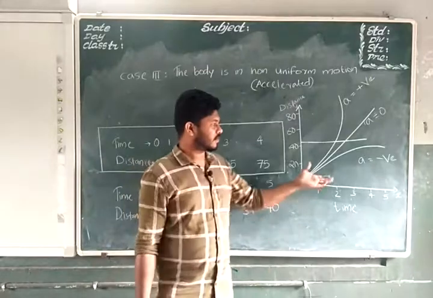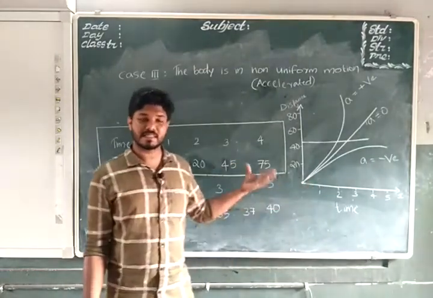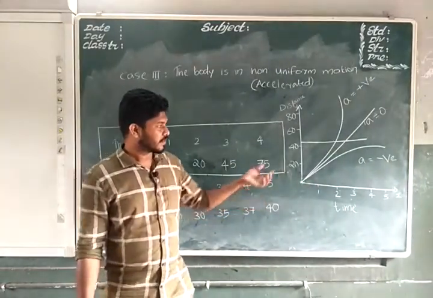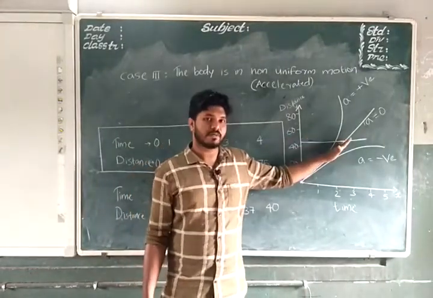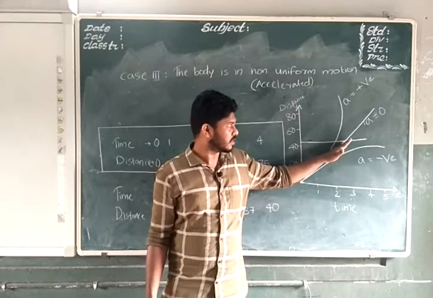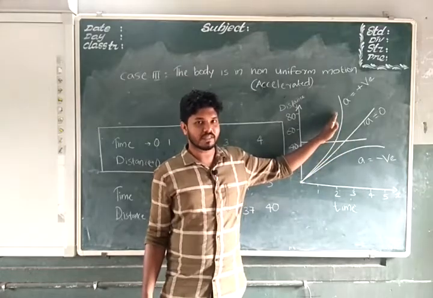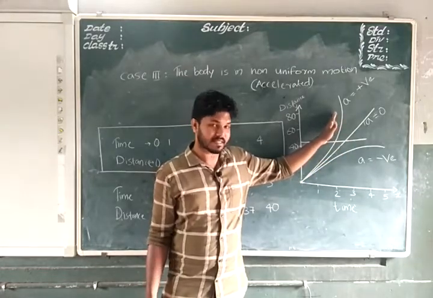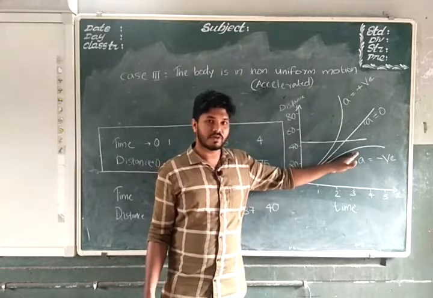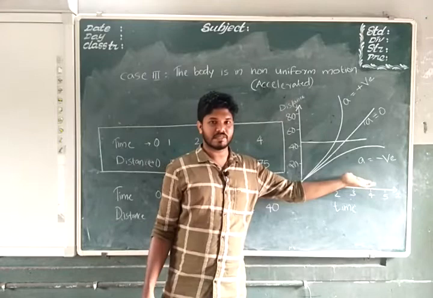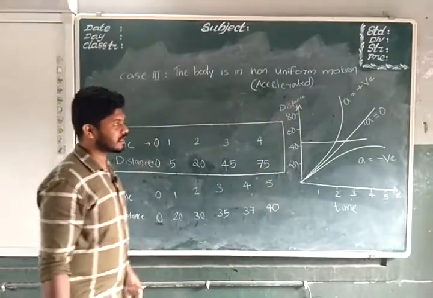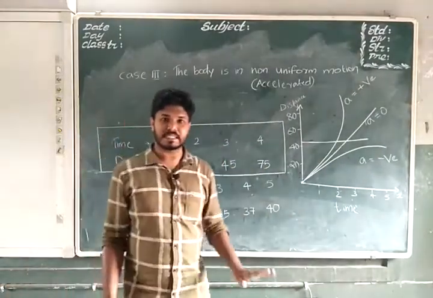So that's all about the distance time graph: the graph of an object at rest, the graph of an object following uniform motion, non-uniform motion in the accelerated motion, and the graph of non-uniform motion where acceleration is negative or retardation happens.